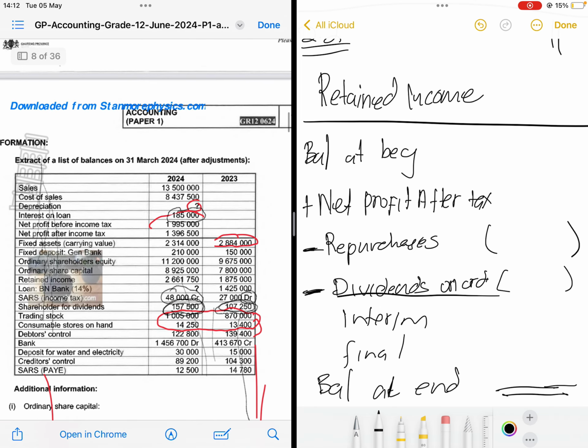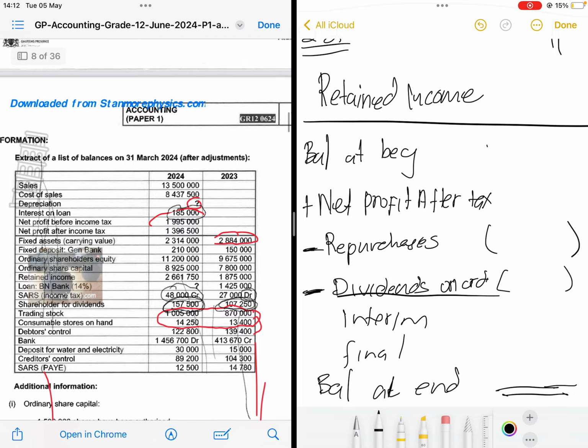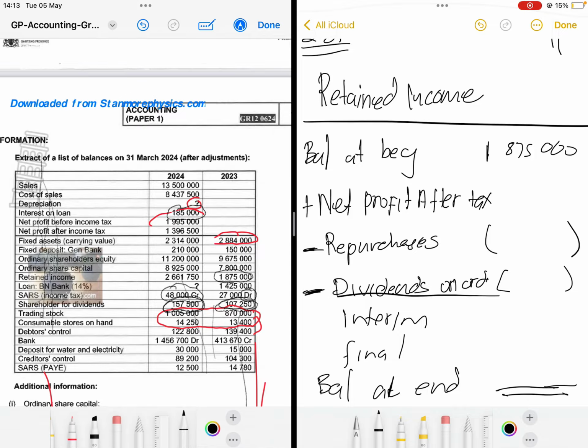All right, let's follow the formula. Now we have the balance at the beginning of 1,875,000. You can see this amount is this guy, right? 2023, the end, it will be this guy called 2,661,750. Good.